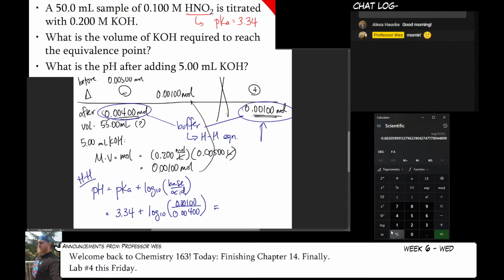We're going to log that, and we're going to add that to 3.34. And there's our pH. Oops, that should be a 4, the last digit there. There you go. So that's the pH after adding 5 milliliters of KOH.